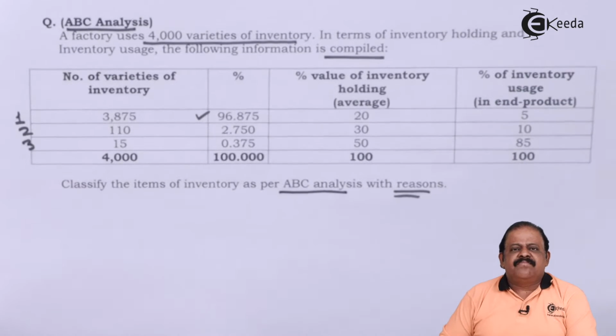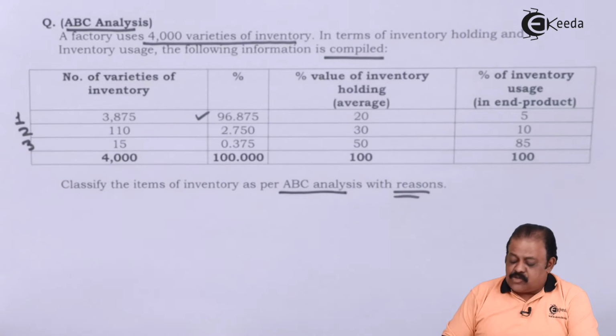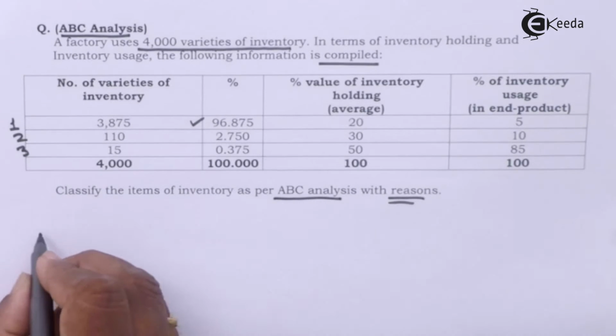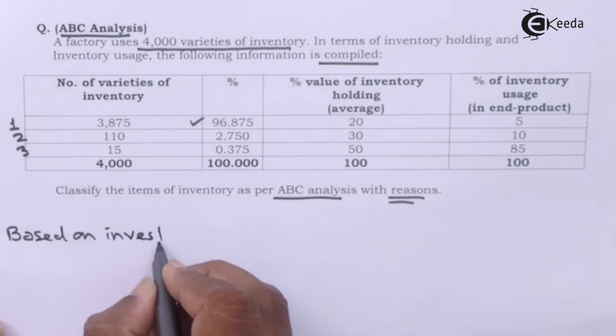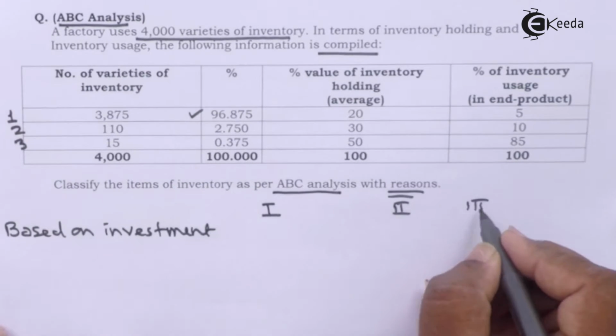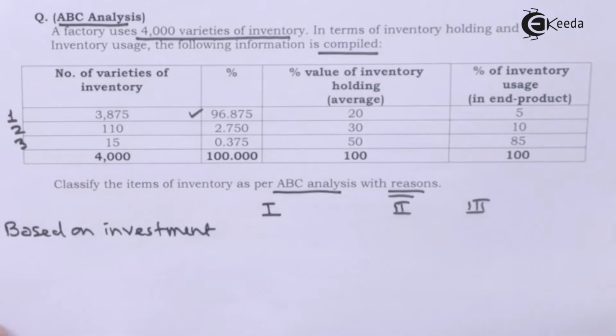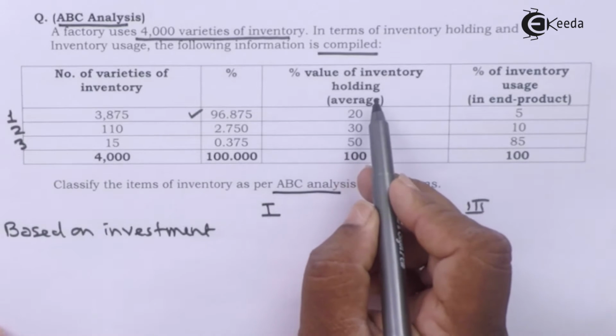Now here we can rank these varieties of inventories based on investment first. Based on investment first, second and third. Now here we have percentage value of inventory holding.